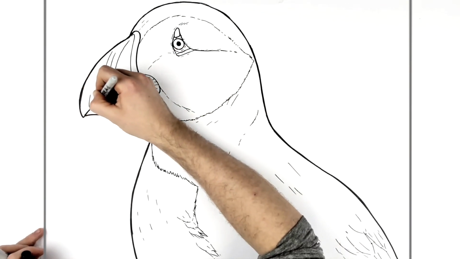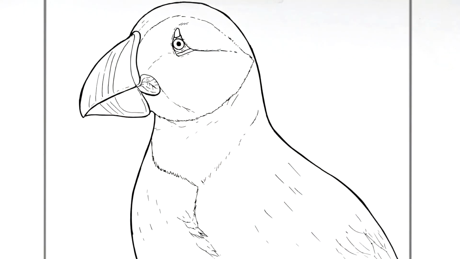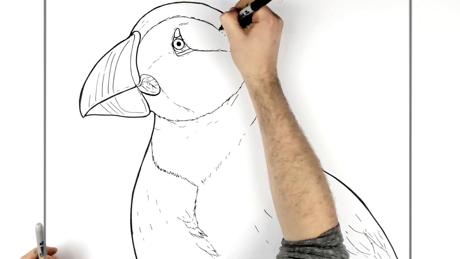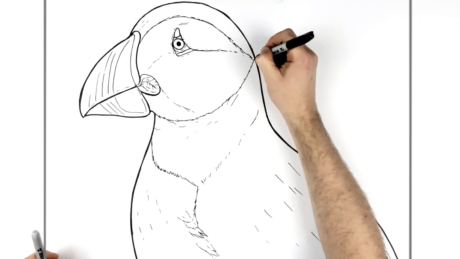Thickening up a dark line sometimes makes it look more shadowy. But will I stop? I think I'll stop. That's pretty much how to draw a puffin, guys.